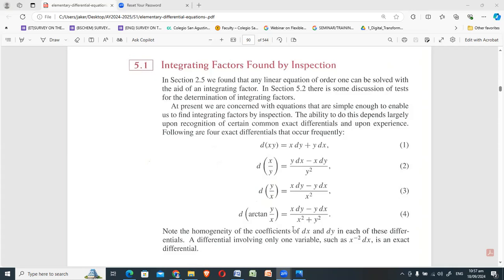So the first one is the exact differential of xy. The expression you see on the right is the result of performing differentiation of the thing inside the parentheses. Since you see here variables x and y, you will perform the implicit product rule of differentiation to these two.